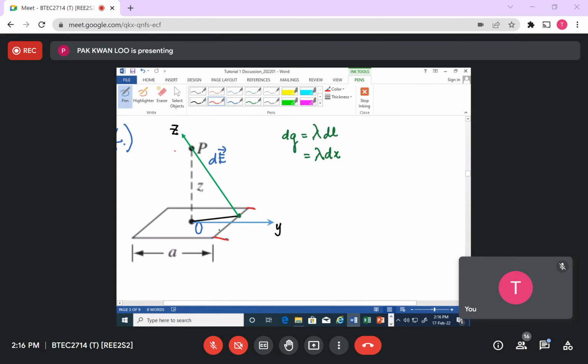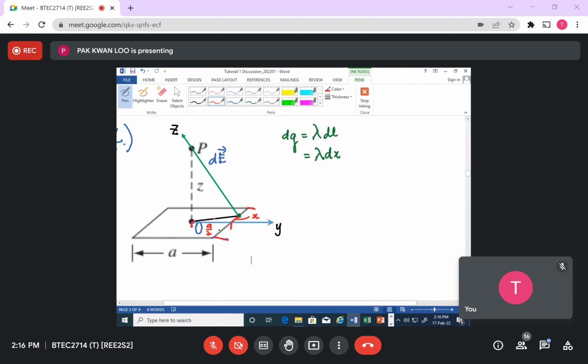Okay. So assuming that from here to here, this length that I highlighted in red, is arbitrarily x. And from here to here is a over 2.